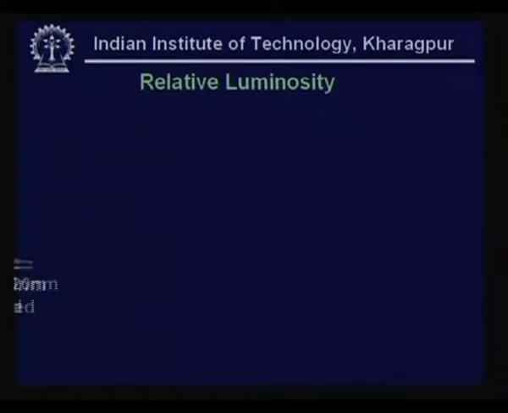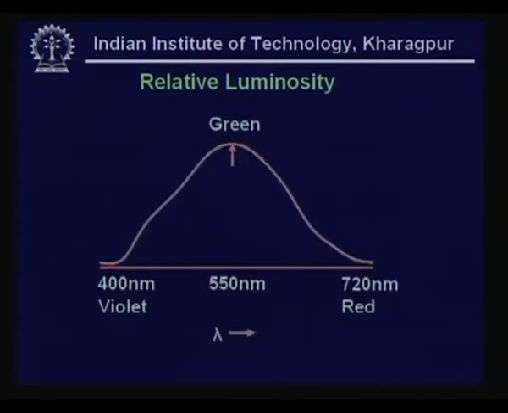So, knowing about the relative energy, it is necessary for us to see how our eye responds, and that is termed in terms of relative luminosity. In the curve here, as in the previous curve, we have drawn the wavelength along the x-axis and relative luminosity, that is the ability of the eye to respond to the incident light. That is what we mean by luminosity.